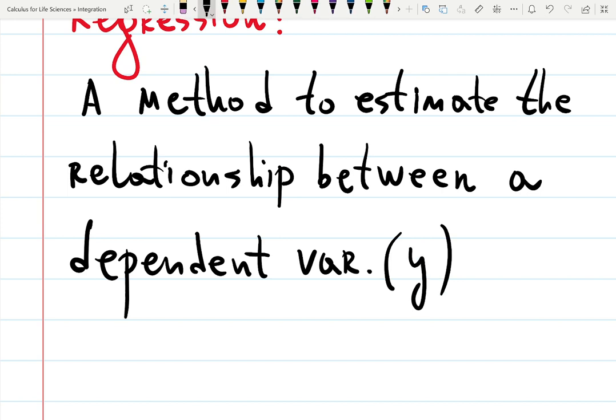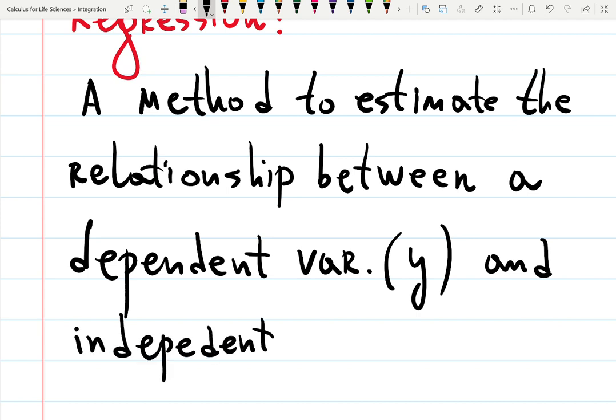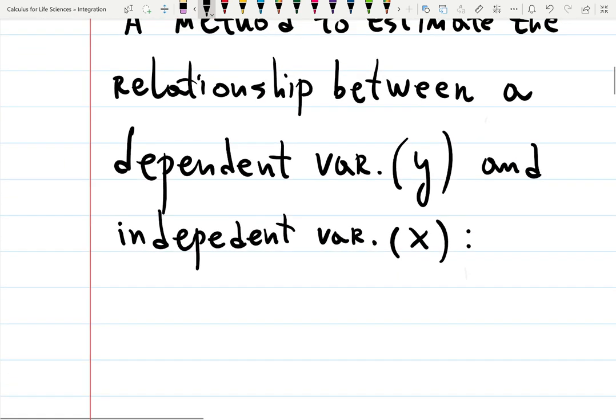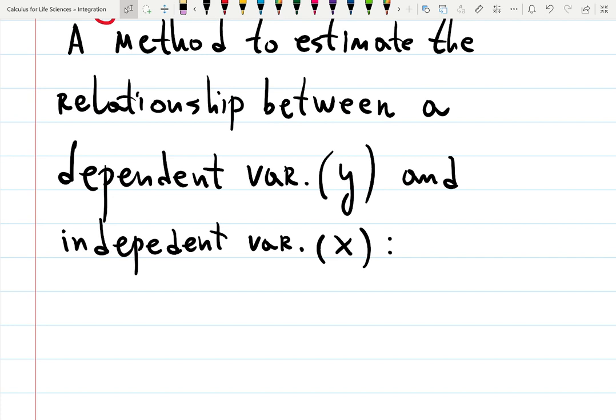Y depends on x, so it's called the dependent variable. And guess what? Independent variable. Let's call it x, but it can be anything: time t, number of birds b, number of grown-up birds b sub g, that's what we usually do, number of small birds b sub s, and so on.